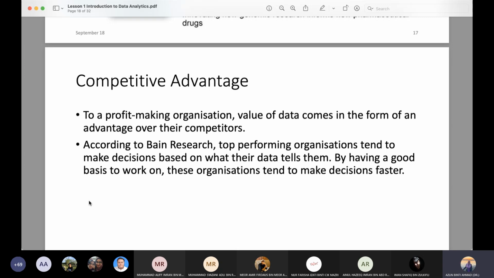Okay, so you can see that according to the Bain research, top performing organizations tend to make decisions based on what their data tells them.